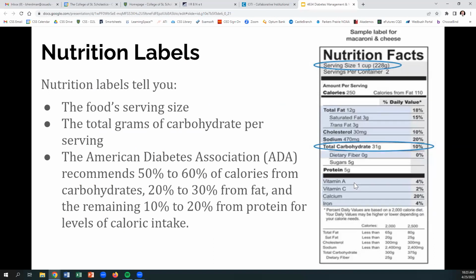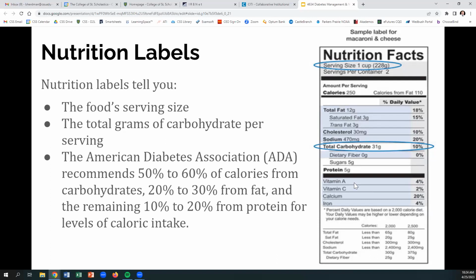So first of all, it's going to give you the serving size. So if you look up at the top of the label, it's going to say serving size 1 cup. So that means that every piece of information then on that label is going to be relative to the serving size, relative to 1 cup of this particular food, which happens to be macaroni and cheese.